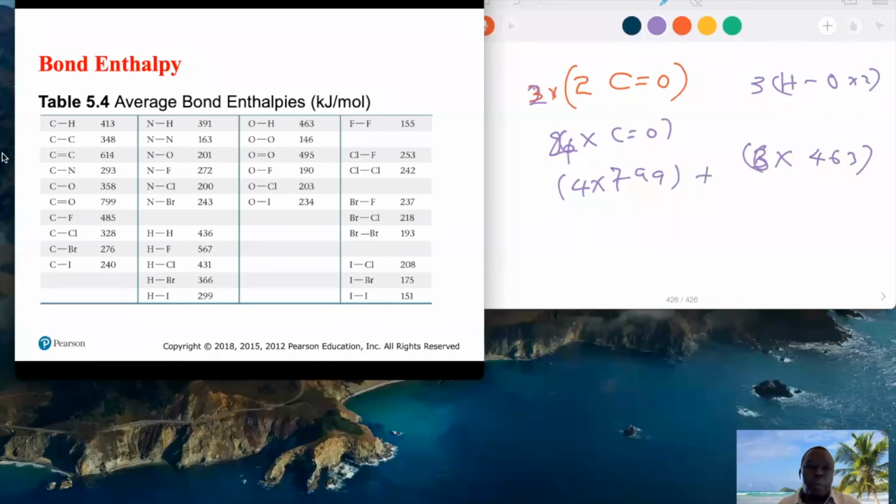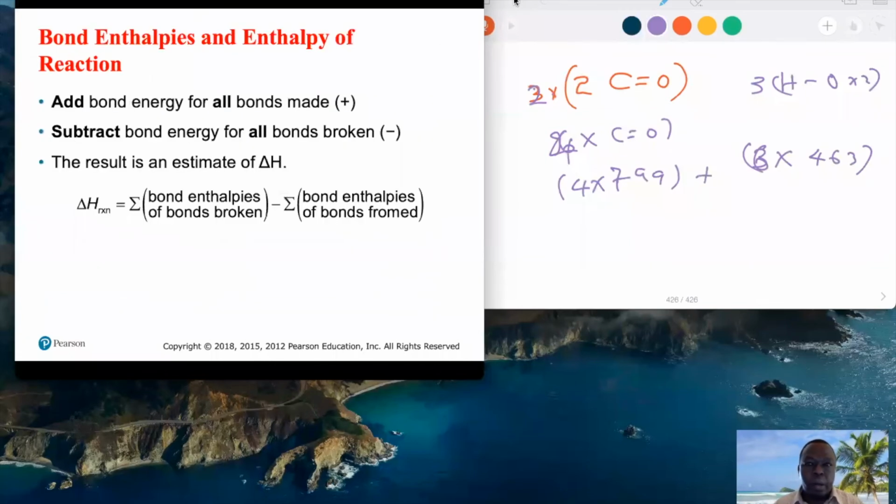So if we have product and reagent, we'll now look at this equation. Summation of bonds broken. Be careful with these two equations. There is the standard enthalpy, the one we had with a subscript, it was product minus reactant. Remember, standard was product minus reactant, but here it is bonds being broken.